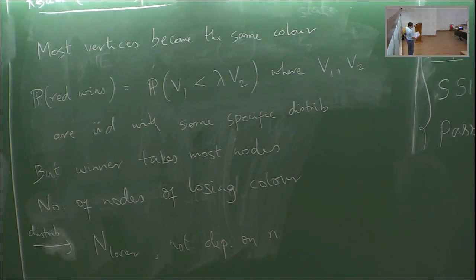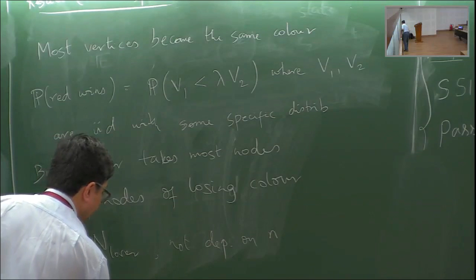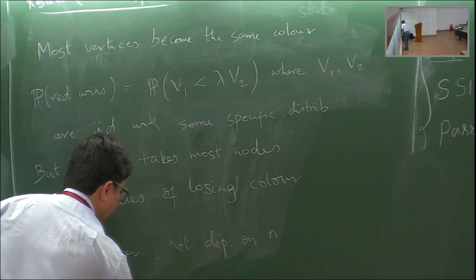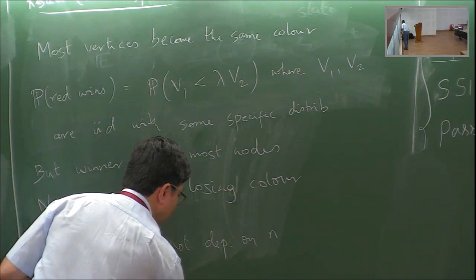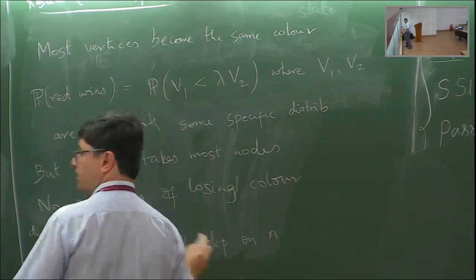So whichever of these two colors hits infinity first wins and takes all the vertices. And that's the idea. And this result was by Deijfen and van der Hofstad. Okay, and both these are 2015, I think.